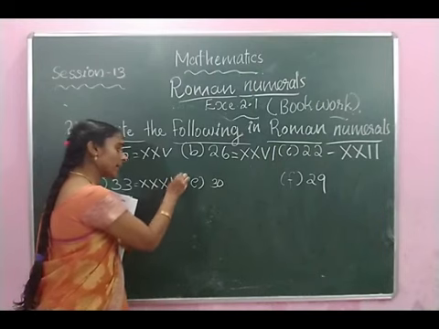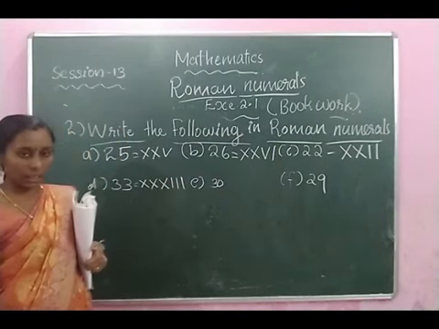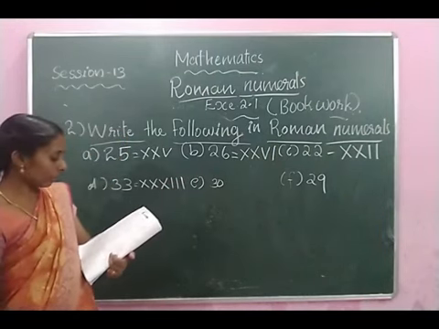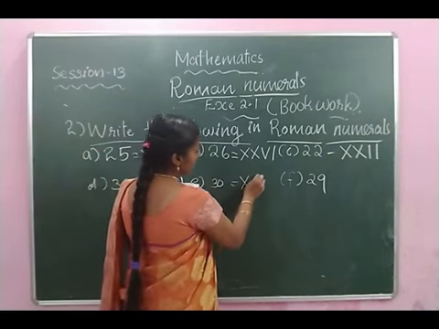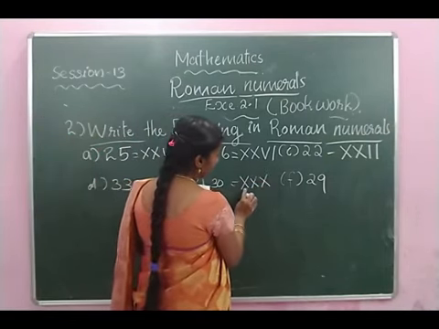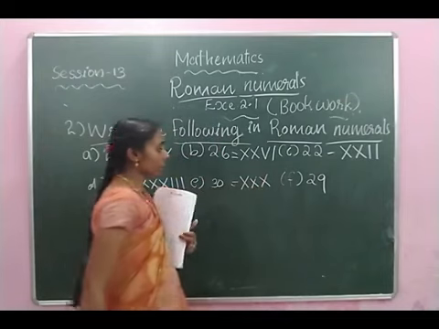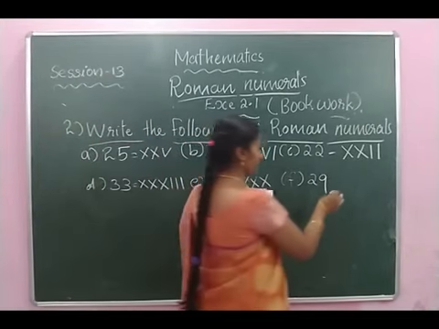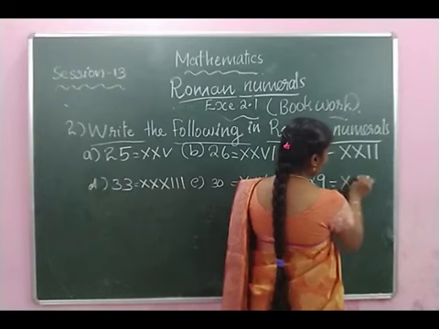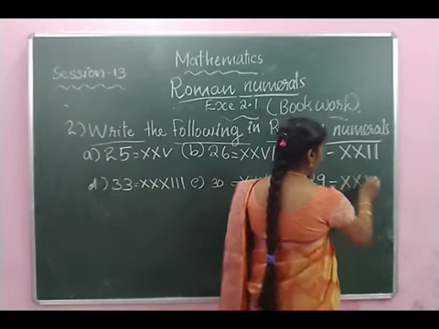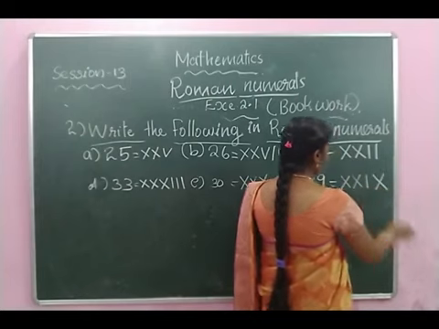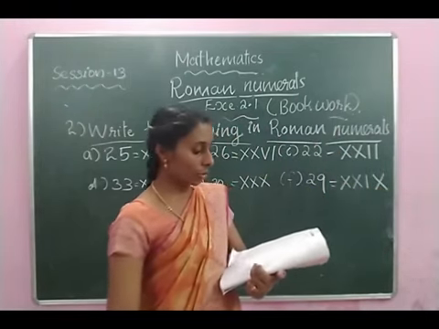III, 33. Then 30. XXX. 10 plus 10 plus 10 is equal to 30. 29 how can we write? XX, 20. 9 how can we write? IX. XXIX, 29.